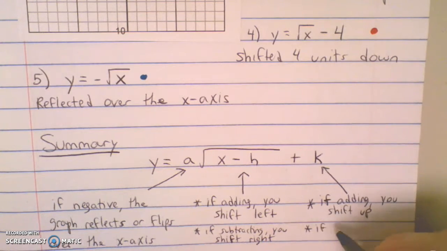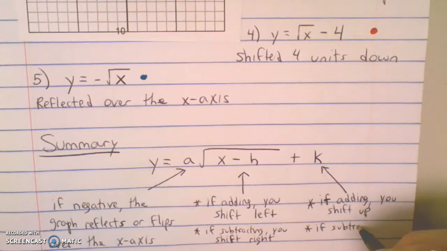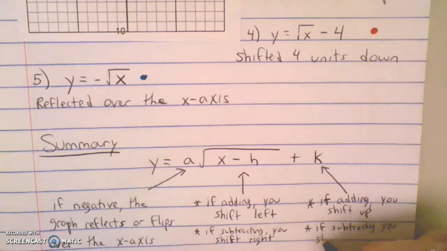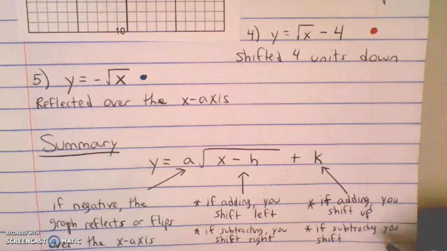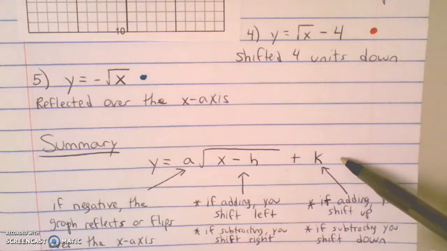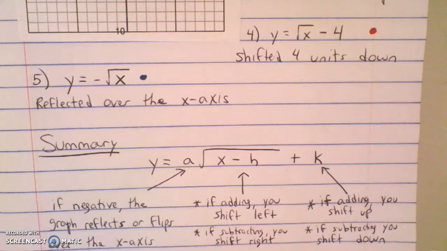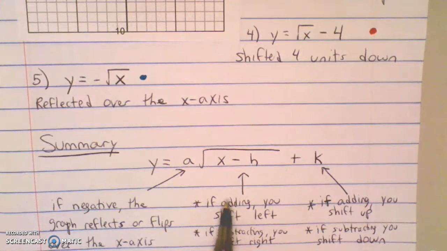If subtracting, you shift down. So when the values were on the outside, positive meant you went up, negative meant you went down. On the inside, positive meant you went to the left, and negative meant that you went to the right. So it's a little backwards from what you're used to.